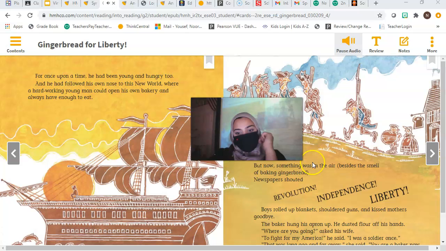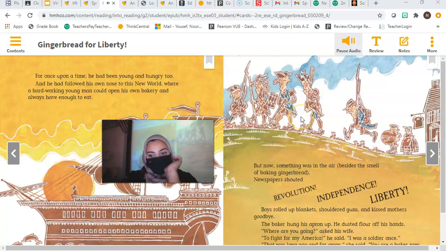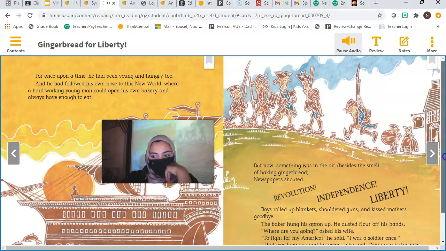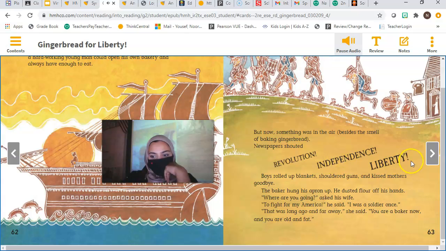But now, something was in the air, besides the smell of baking gingerbread. Newspapers shouted, "Revolution! Independence! Liberty!" Boys rolled up blankets, shouldered guns, and kissed mothers goodbye. The baker hung his apron up.